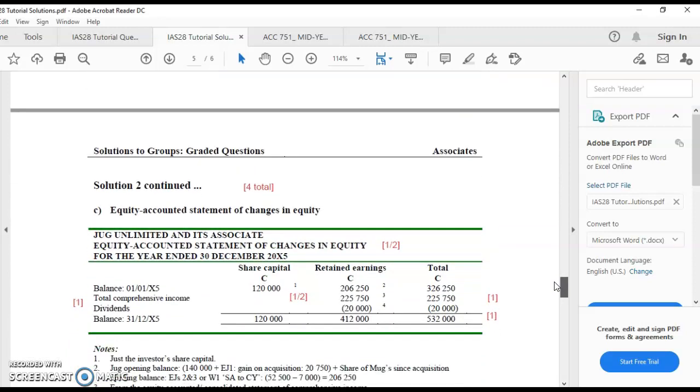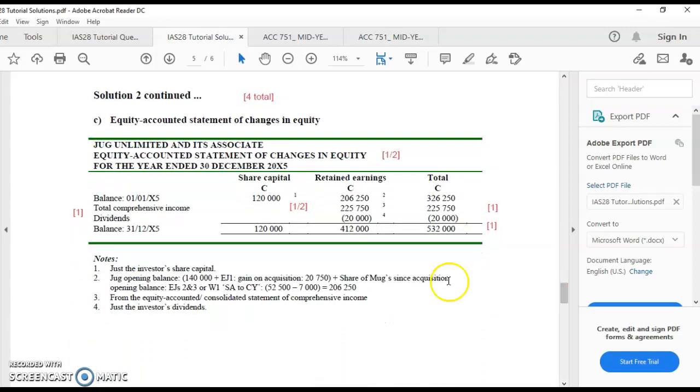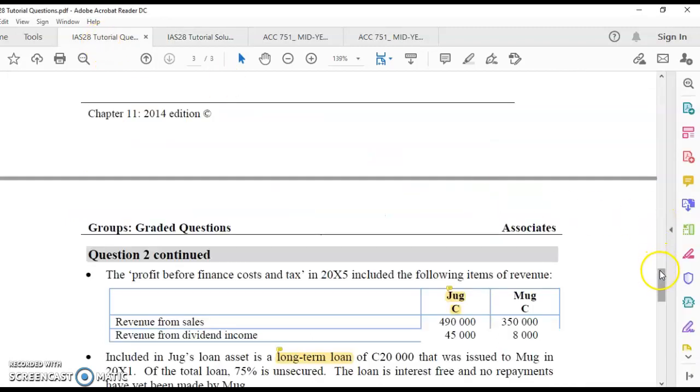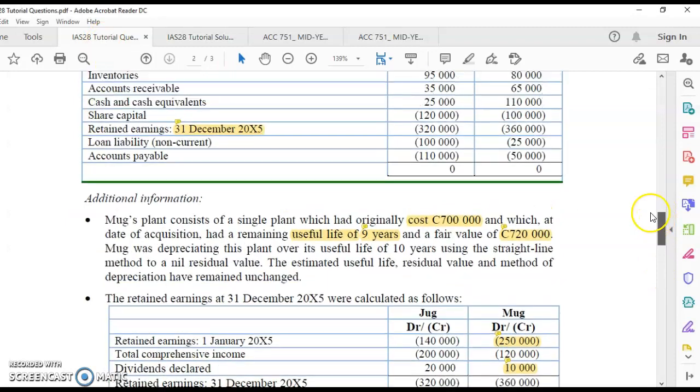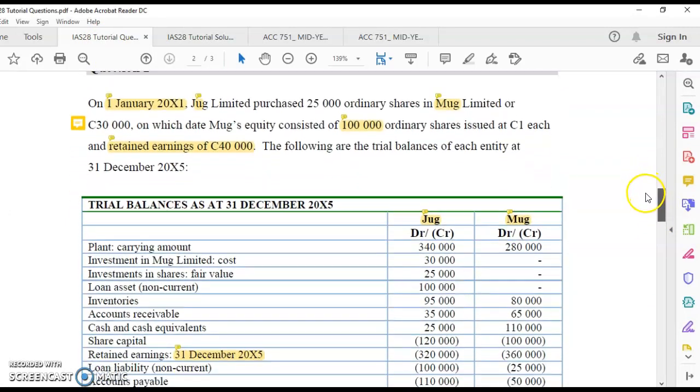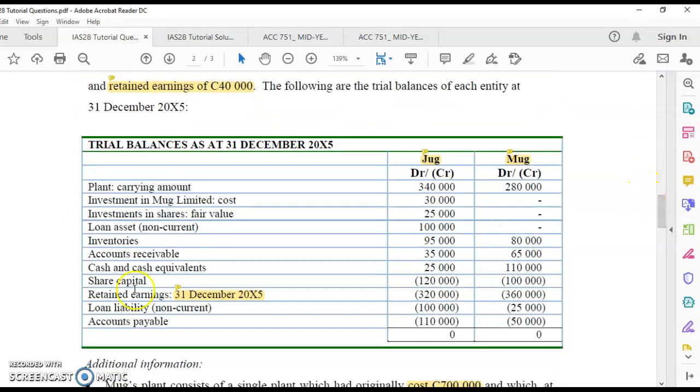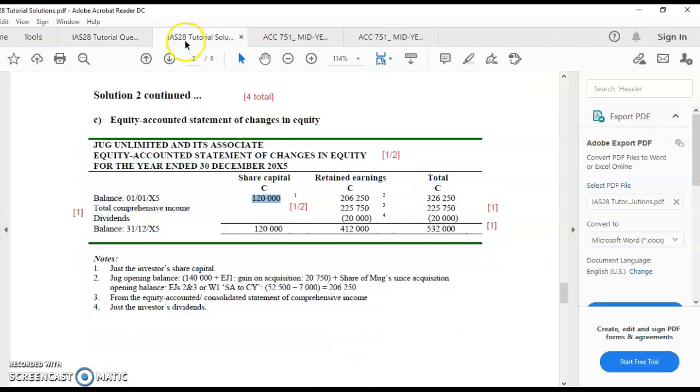Equity accounted statement of changes in equity. Number one, the share capital. You can see that the share capital is the share capital of the parent only, of JAC, because we are not consolidating Mark. So the share capital is the share capital of JAC only. We didn't add this one when we are doing our statement of changes in equity.